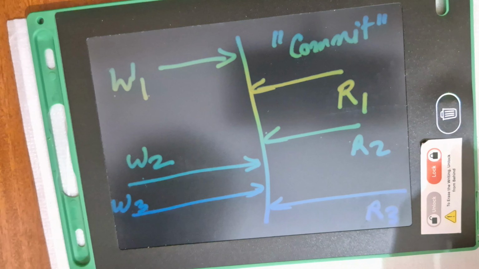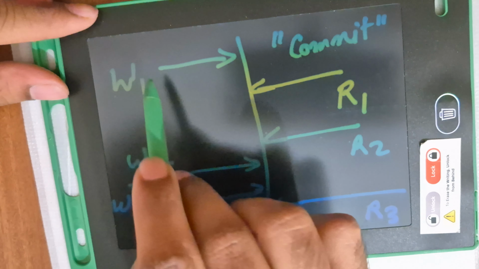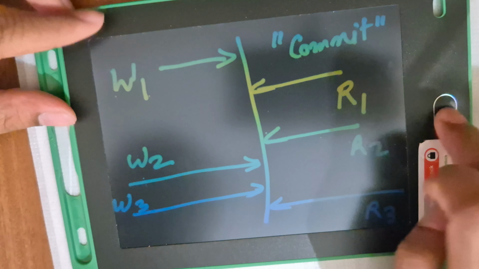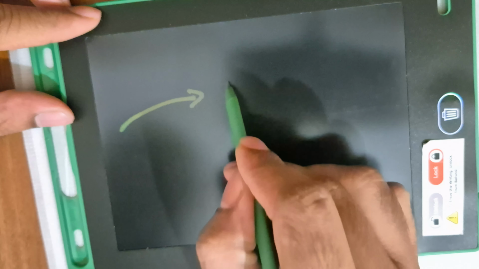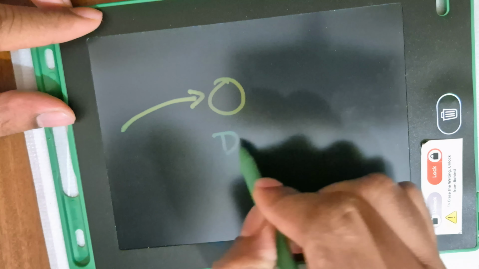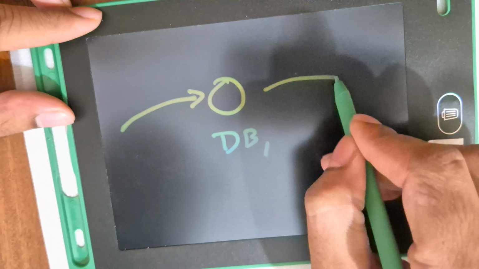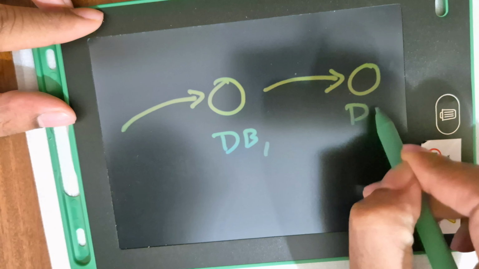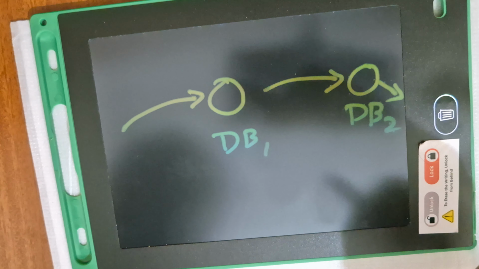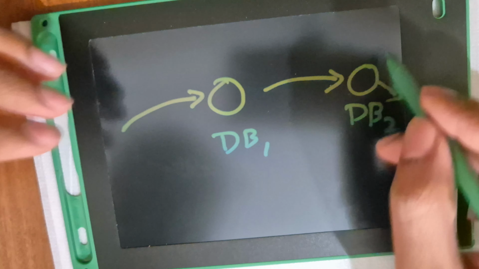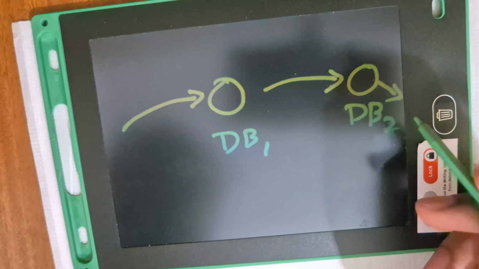So what does commit mean? Let's say there is a thread which needs to do two tasks, like writing something in DB1 and then writing something in DB2. If both of them pass, then the task is good. If even one of them fails, then we will roll back the whole thing.